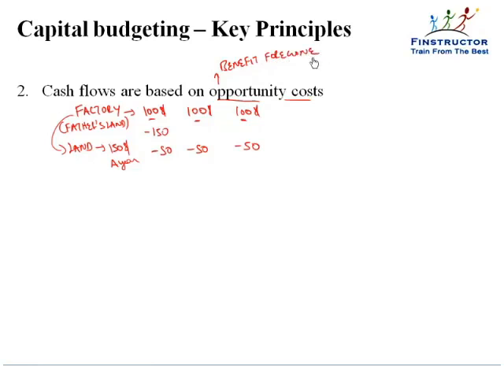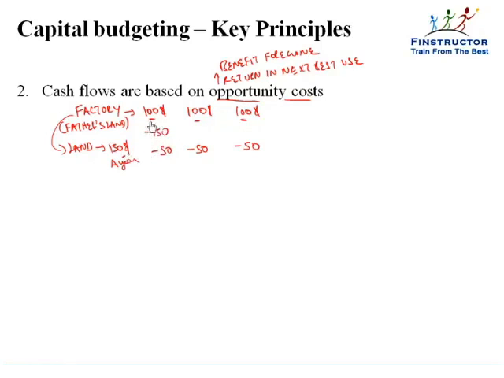It can be also denoted as the return that the investment was making in its next best use. So in the next best use, we can assume that the land would have at least got us $150.